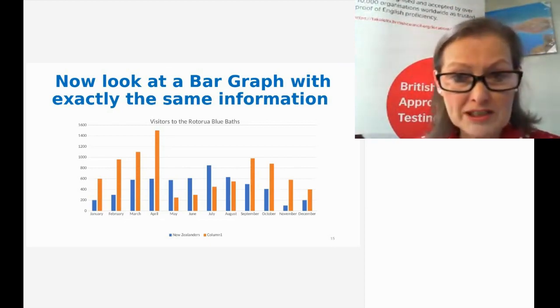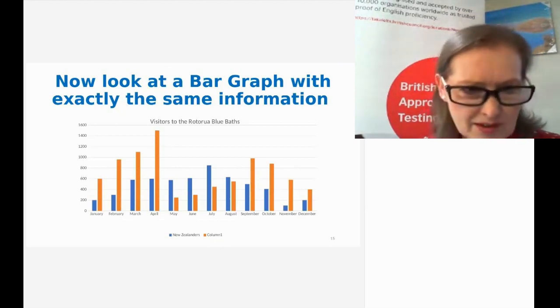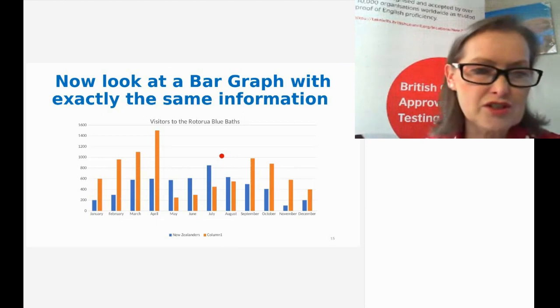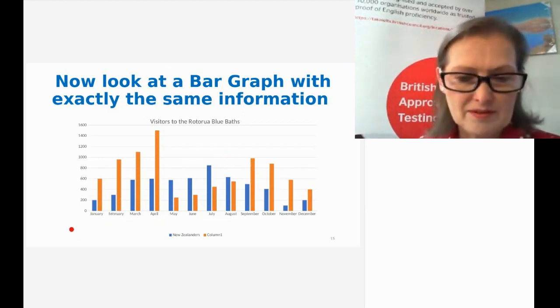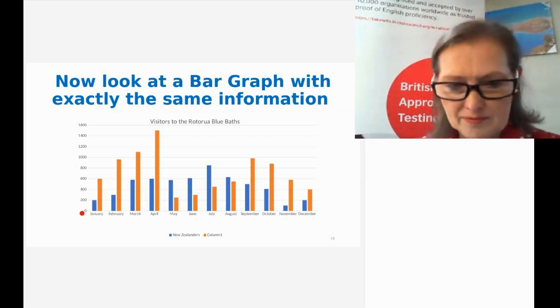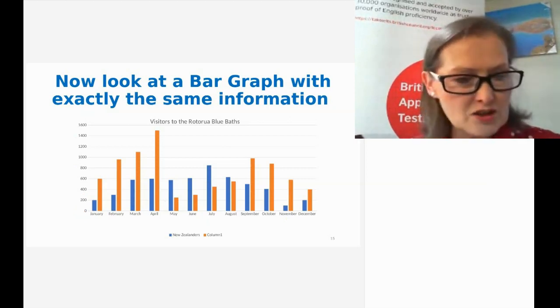My topic is the same, my time is the same, and my units on the horizontal axis are the same. So this is what we refer to as a bar graph that talks about time.